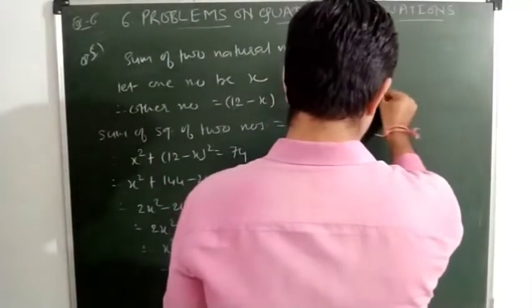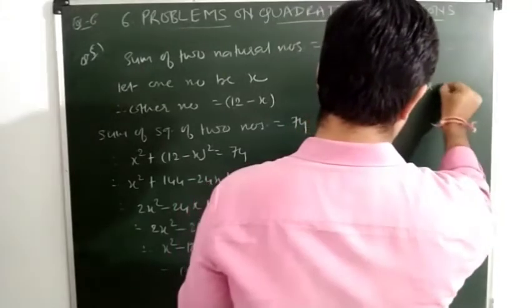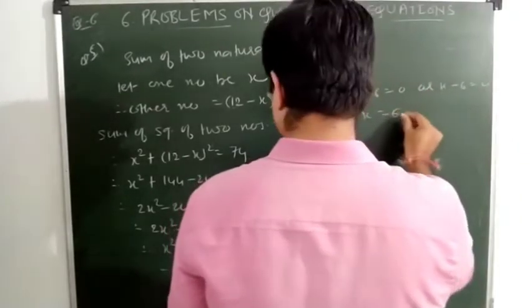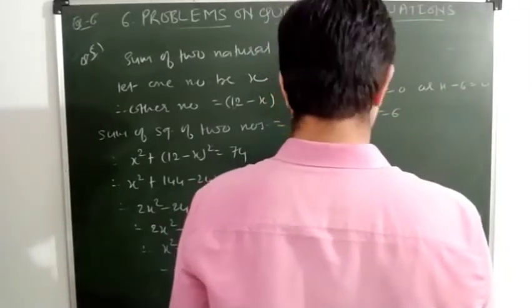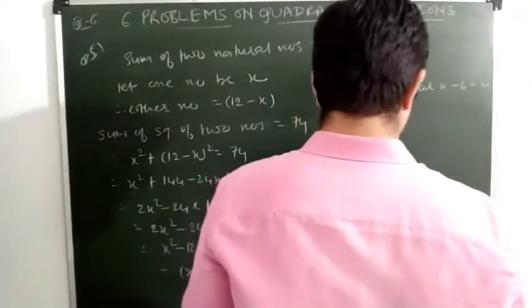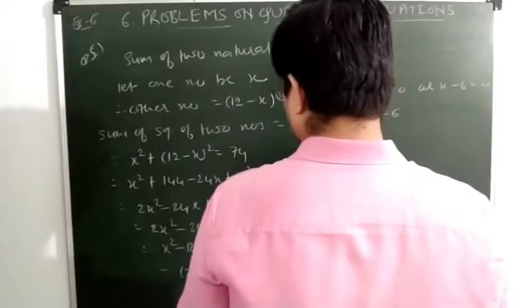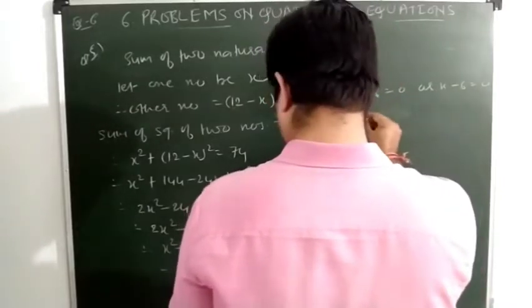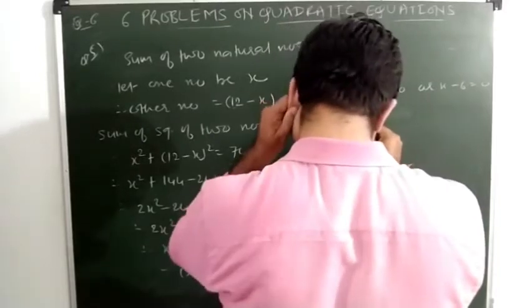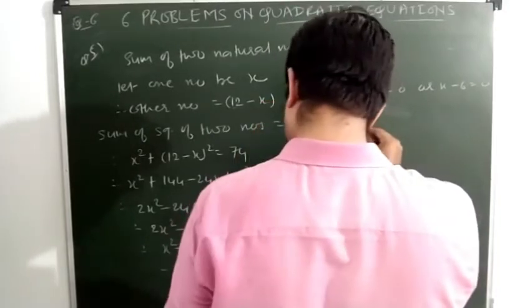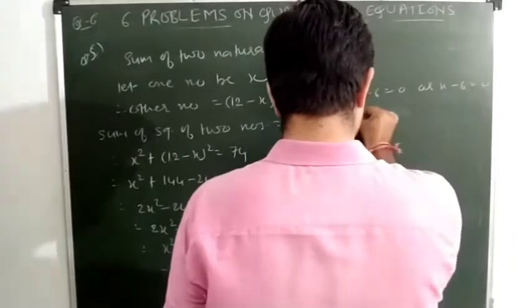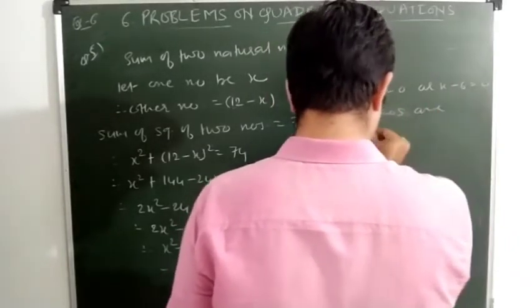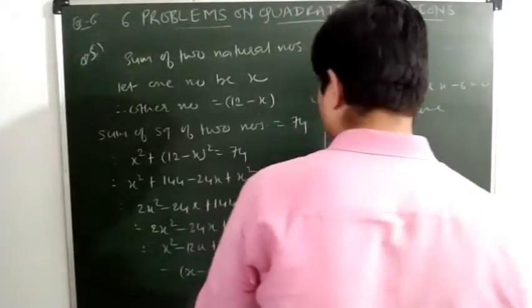Therefore x minus 6 is equal to 0 or x minus 6 is equal to 0. Therefore x is equal to 6. Okay. So therefore the two numbers are 6 and 6 only.